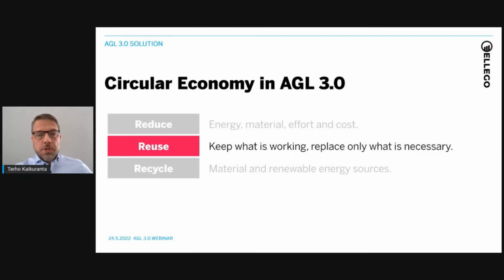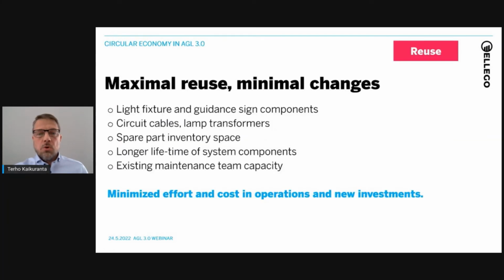Then the reuse part, the second principle of circular economy in AGL. How would that go? So the main principle here is that you maximize the reuse and minimize all the changes needed, meaning the changes in the equipment. That means that there are light fixture components and guidance sign components you already have, and you can keep on using them with the AGL 3.0.